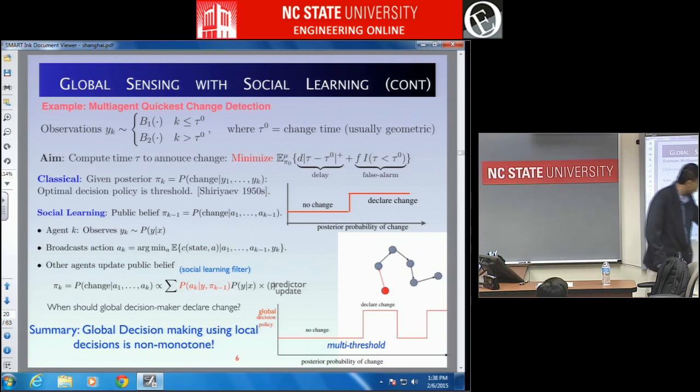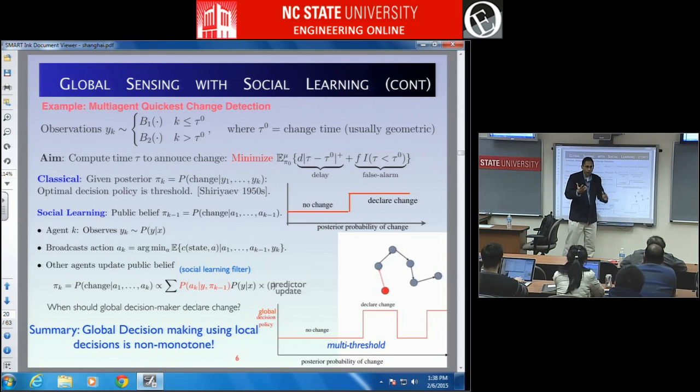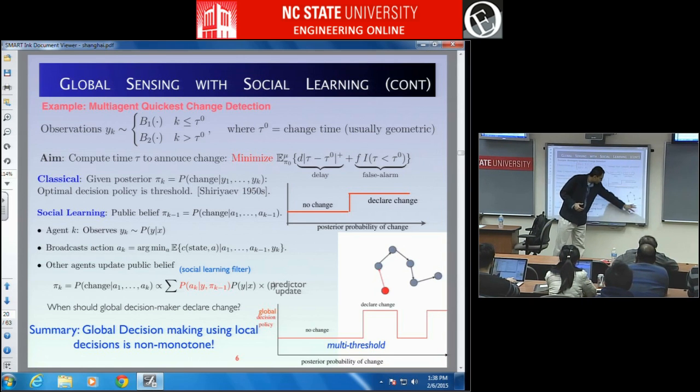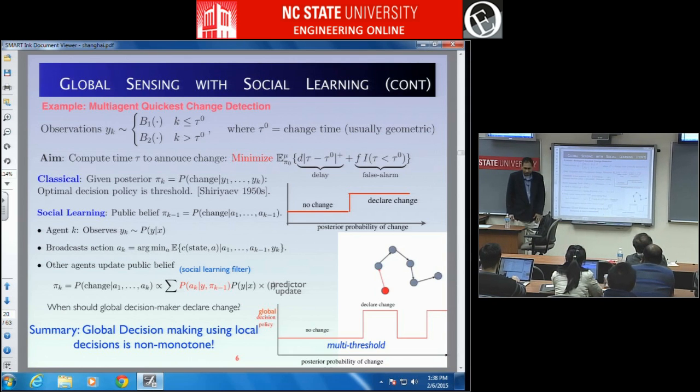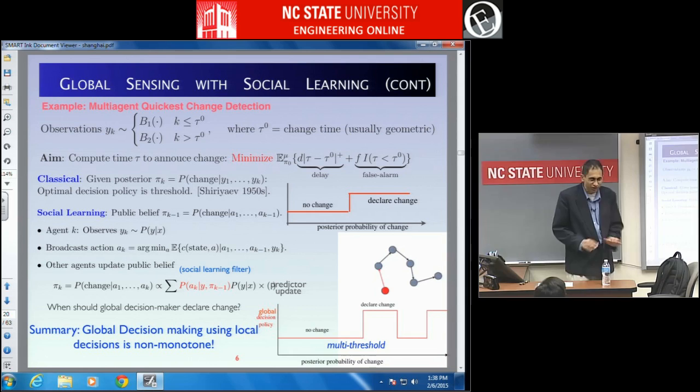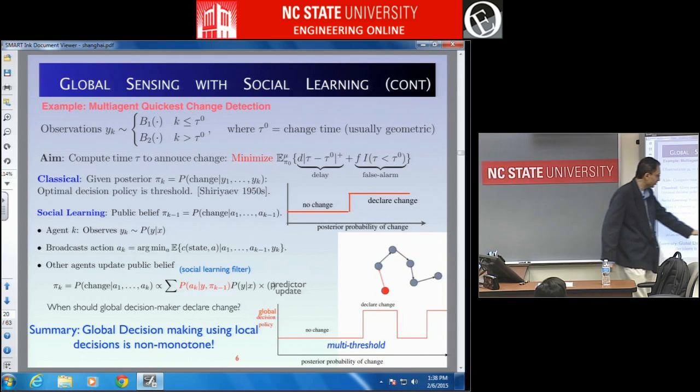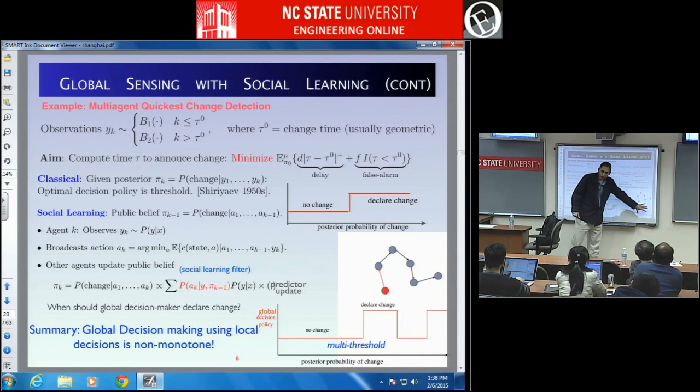Decision making using local decisions is non-monotone. I cannot simply say that if sufficiently many decisions are one way, I declare one thing, because of this non-monotone behavior. So this is actually quite surprising. I cannot simply have a bureaucracy of lower level managers giving me a decision and make a decision easily. I need much more complex decision making skills because of this multi-threshold effect.